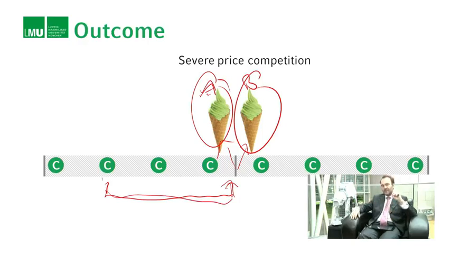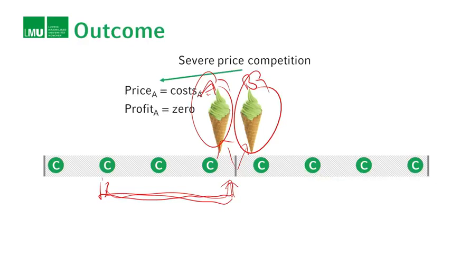There's a big incentive to lower prices by a little bit and steal market share from seller B. Of course, seller B is going to do exactly the same thing, so prices are going to go down.